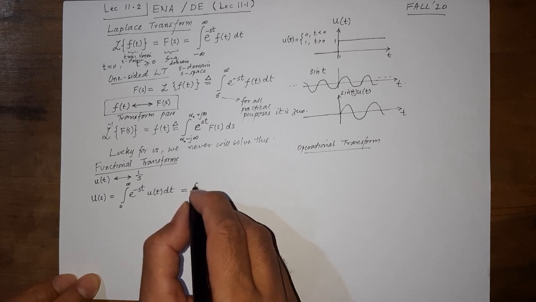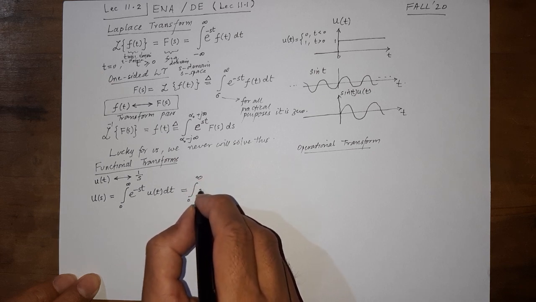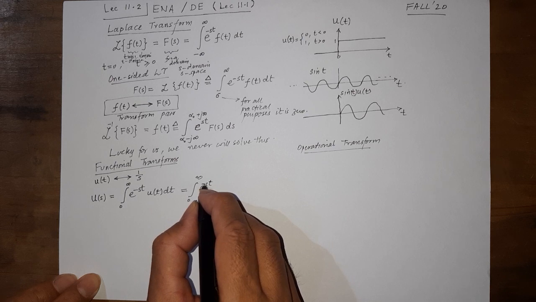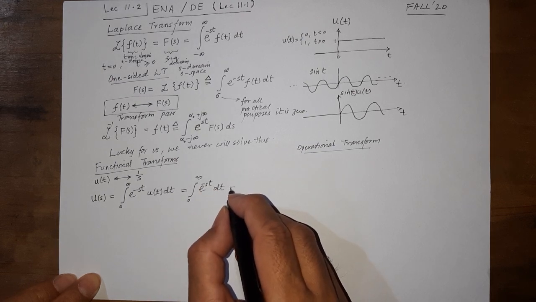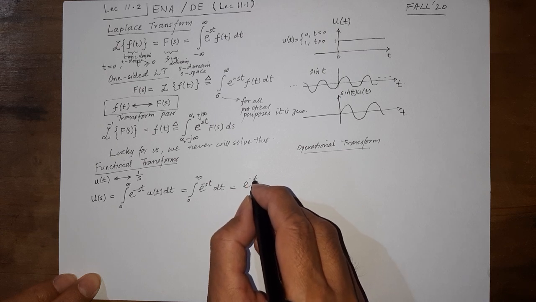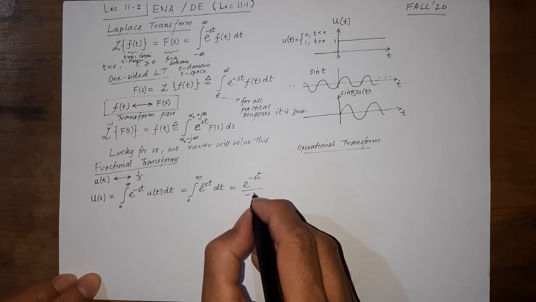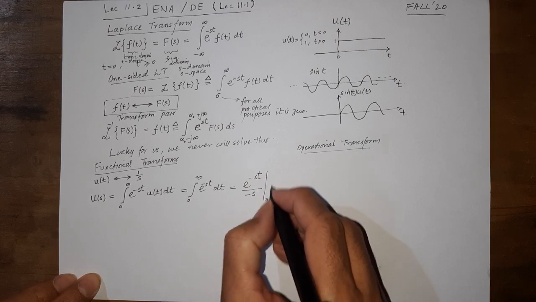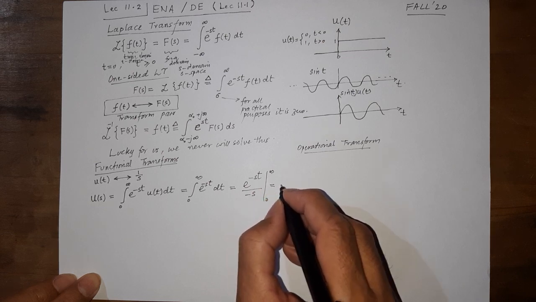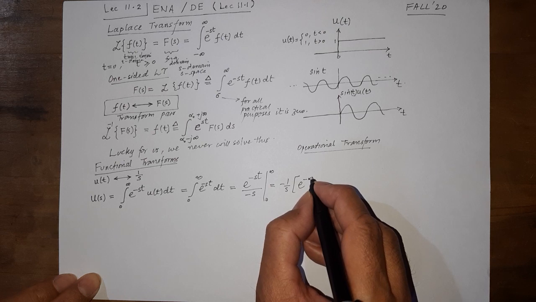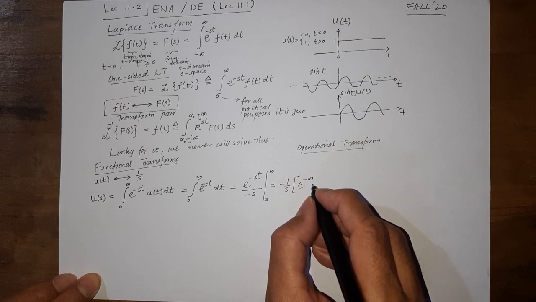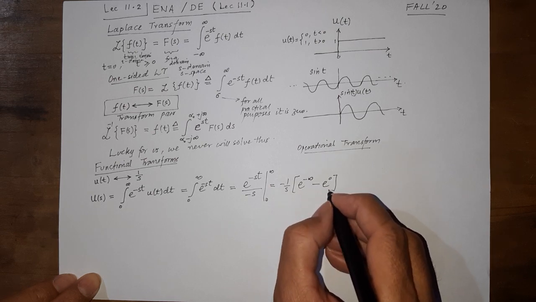So what do we get here? e raised to the power minus st into 1. And we can solve this integral: e raised to the power minus st over minus s, with limits from 0 to infinity, is minus 1 over s times e raised to the power minus infinity minus e raised to the power 0.